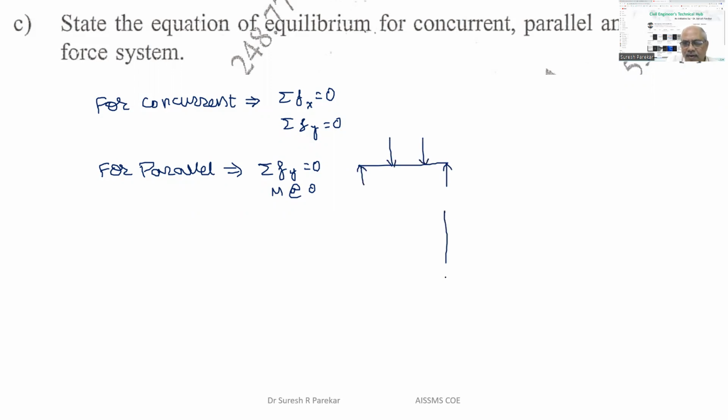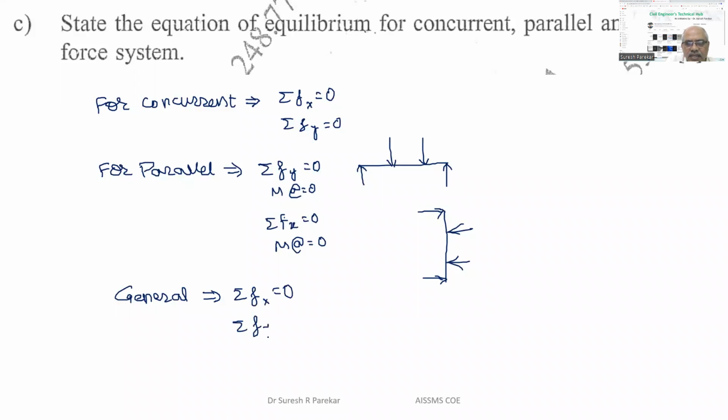If forces are in horizontal direction, then we have summation Fx equal to 0 and moment about any point equal to 0. And for general, we have three: summation Fx equal to 0, summation Fy equal to 0 and moment about any point equal to 0.